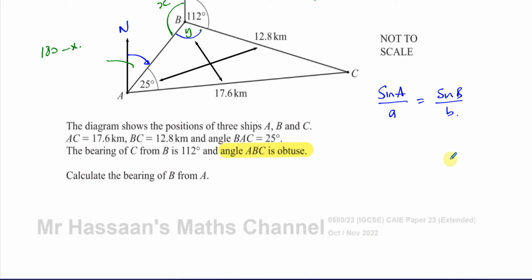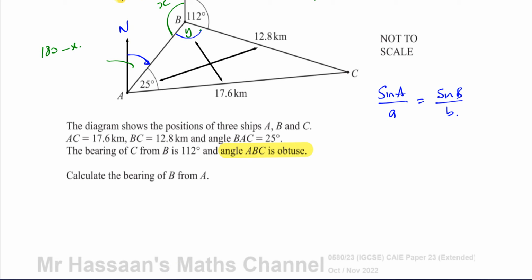In this case, we can apply this to this question by writing down that the sine of Y, which is what we're trying to find, over the length opposite it, which is 17.6 kilometers, is equal to the sine of 25 divided by the length opposite it, which is 12.8.